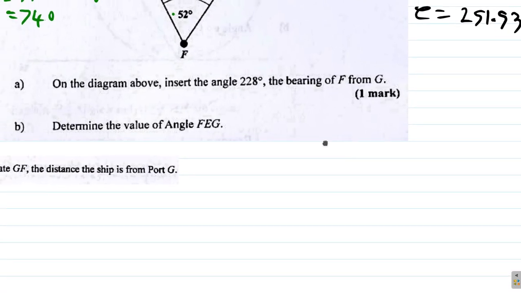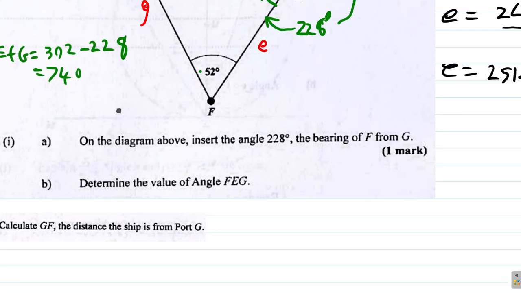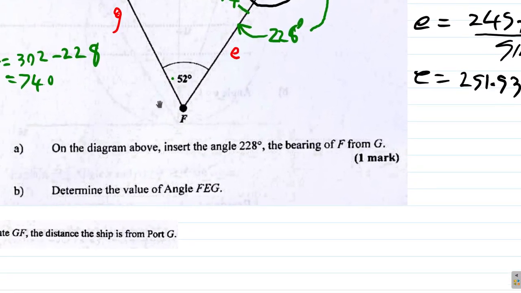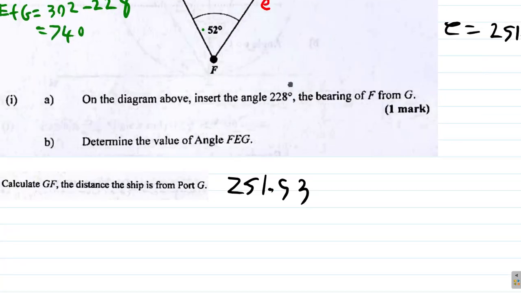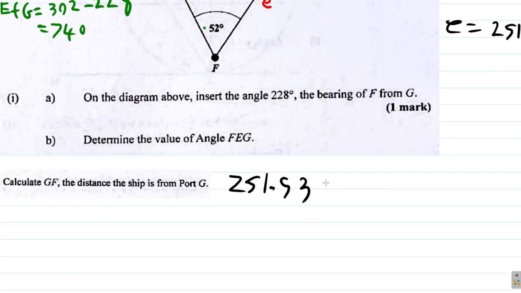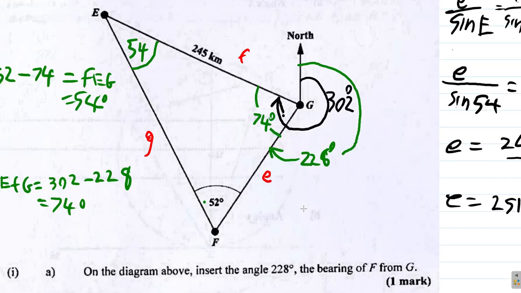So the distance GF is 251.53. It is in kilometers, right? They have the distances in kilometers. So 251.53 kilometers. All right.